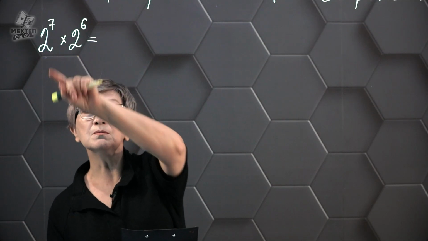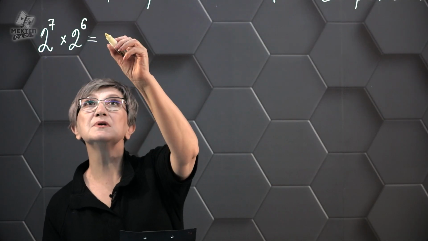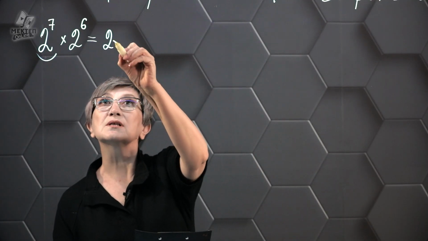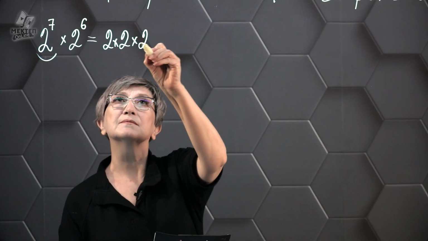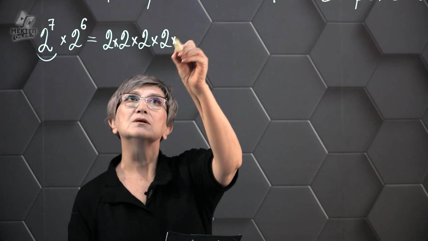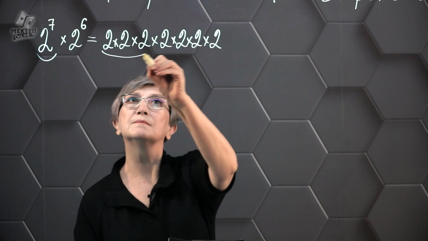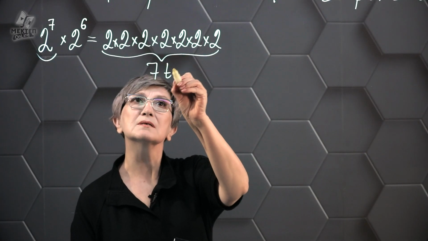Well, we've talked about the fact that writing a number to a power is used to write larger numbers. Now we'll see for ourselves. Let's solve our example, 2 to the power of 7. I'm going to write it down as a product: the number 2, 7 times. 1, 2, 3, 4, 5, 6, 7 times.